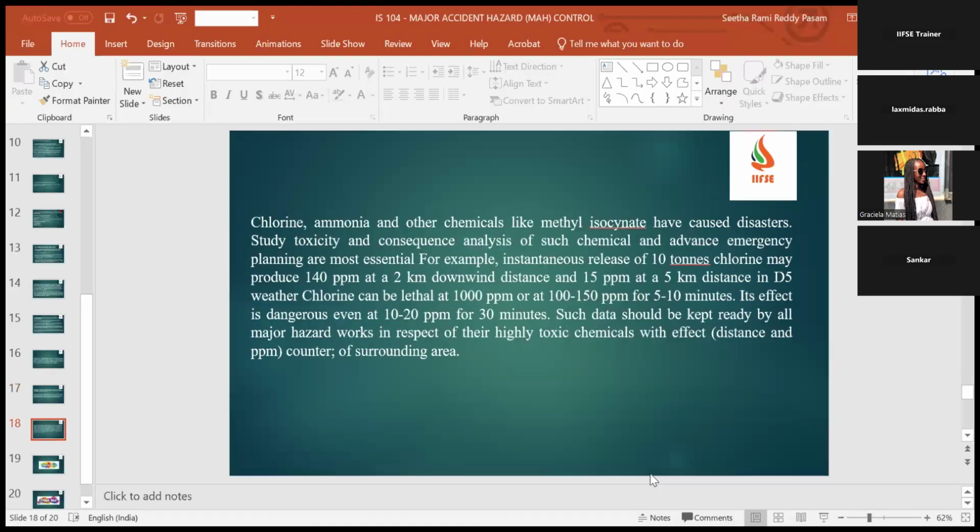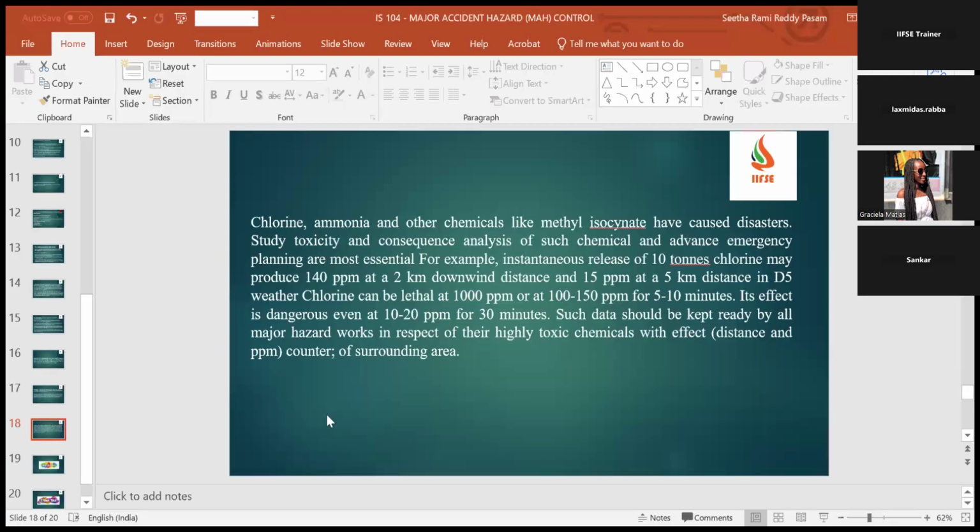So if you see some examples of these toxic releases, one is chlorine, ammonia, even other chemicals like methyl isocyanate, which happened in Bhopal and caused disasters. Studying toxicity, consequence analysis of such chemicals, and advanced emergency planning are most essential.